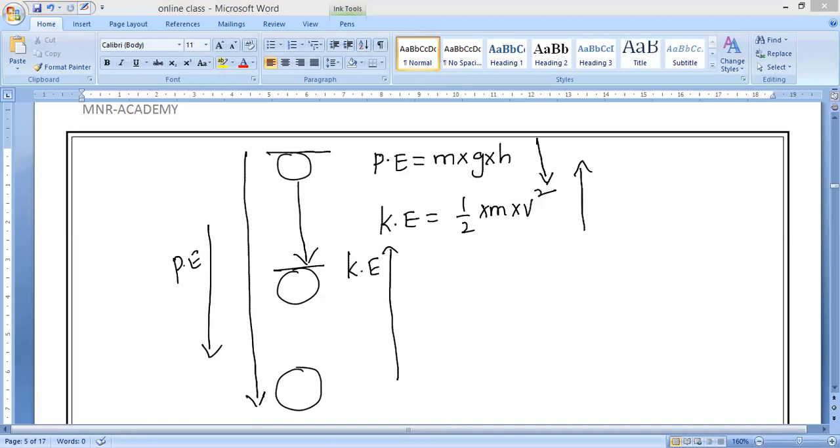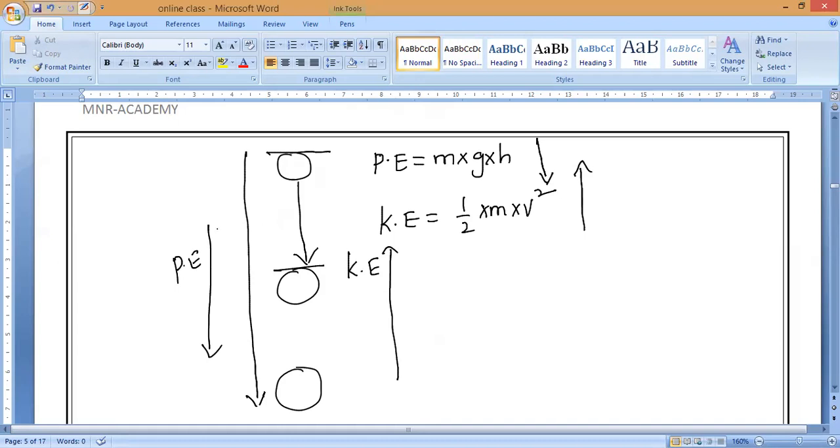If it is falling faster, more potential energy is converting into kinetic energy. But the sum of potential energy and kinetic energy of the ball remains the same at every point during free fall.